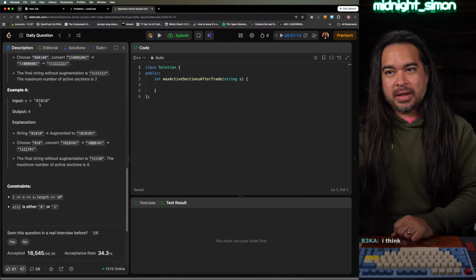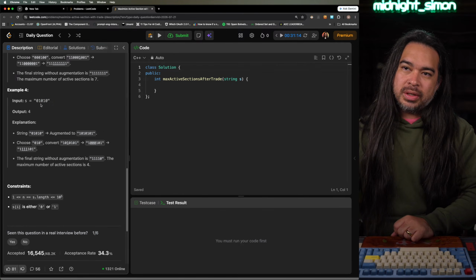Let me see if I can figure out something here. So maybe for 4, yeah, I guess you'd transform this into a 1, and then either of these ends can be transformed into a 1.